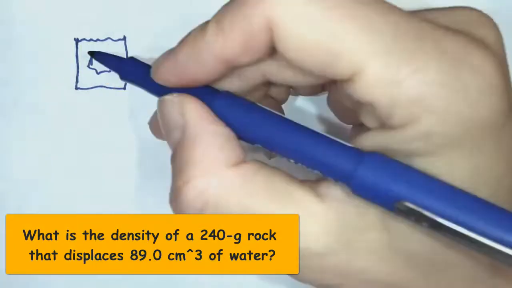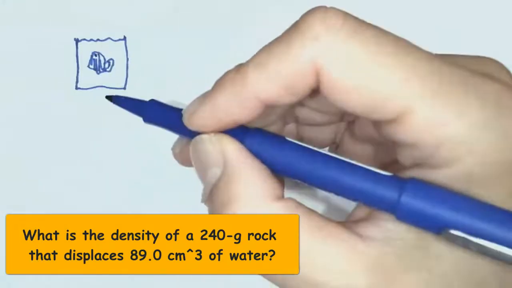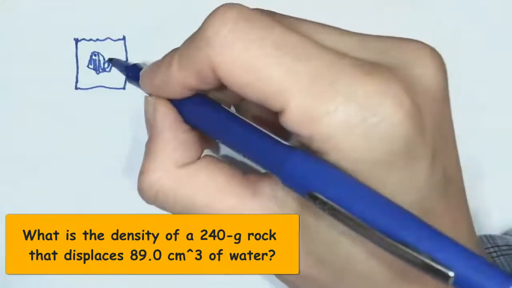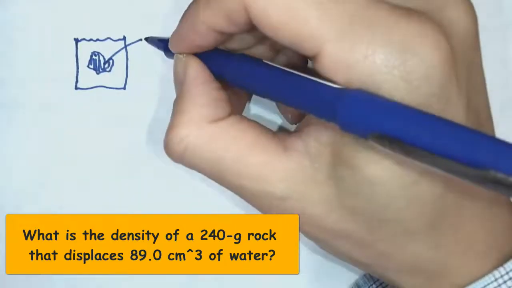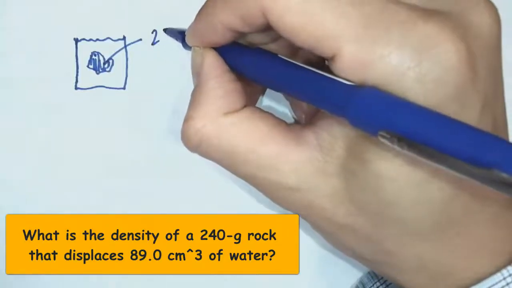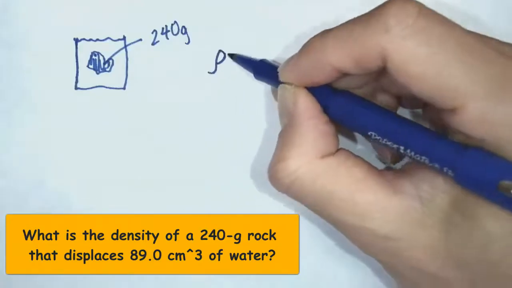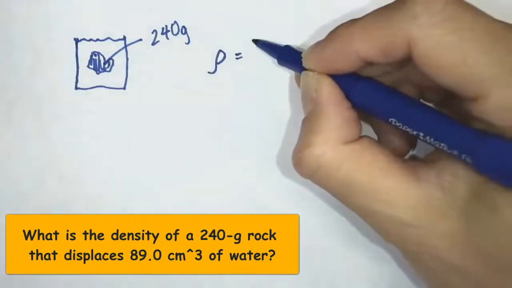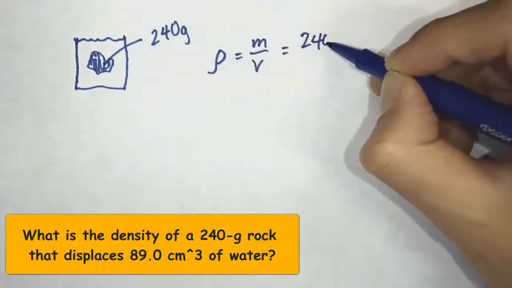So the amount of water that this rock displaces will equal the volume of that rock. So that's an easy way to measure the volume of the rock. So let's say that this rock had a mass of 240 grams. Okay. So we're going to start again with our density equation. Density equals mass divided by the volume, and the mass is 240 grams.